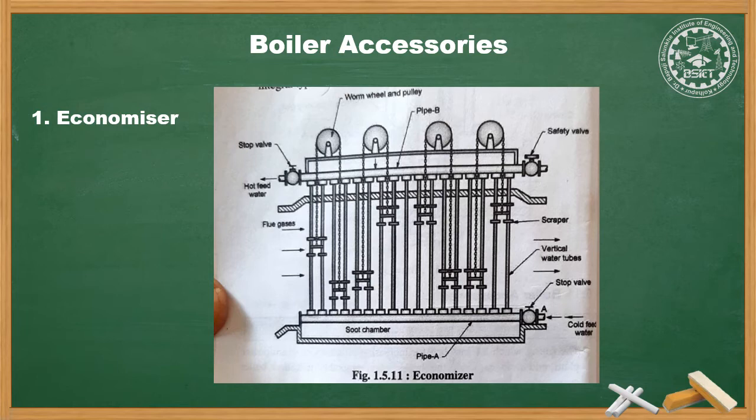The fin tubes carry the water inside and absorb the heat from the flue gases and raise the temperature of the boiler feed water, lowering the energy required to warm the water. The economizer increases the boiler efficiency by 10 to 12%. In addition, the amount of energy required for heating reduces and results in less fuel consumption and cost.